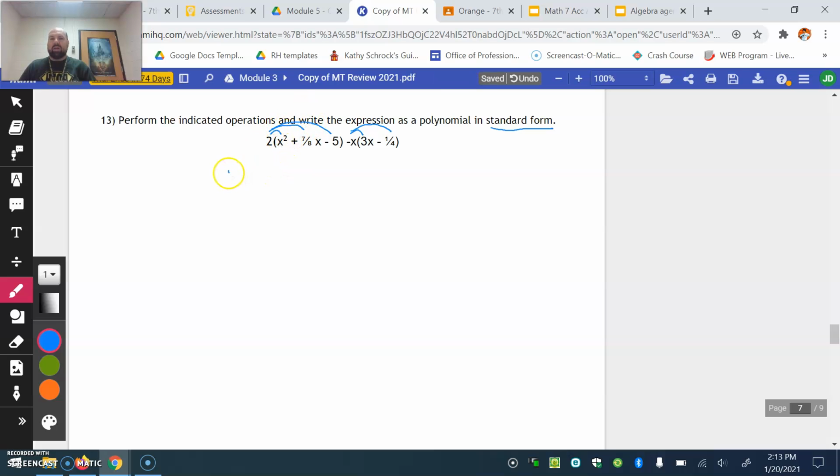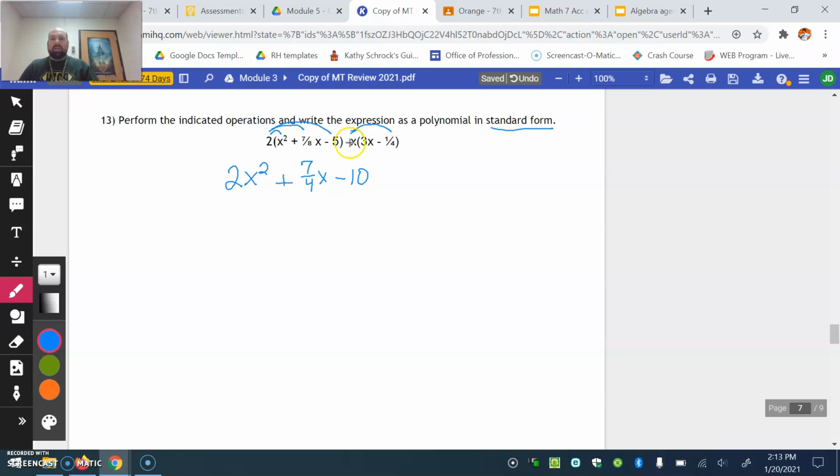So 2 times x squared, 2x squared. No problem there. 2 times 7/8 x is going to give me, it actually ends up being 14/8, which would simplify, 14/8 divided by 2, to 7/4 x minus 10.